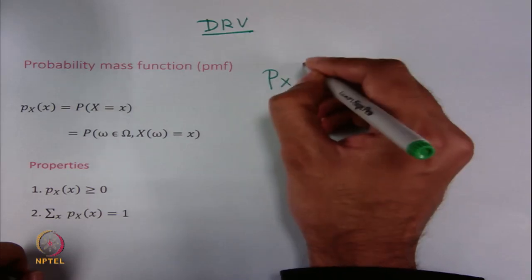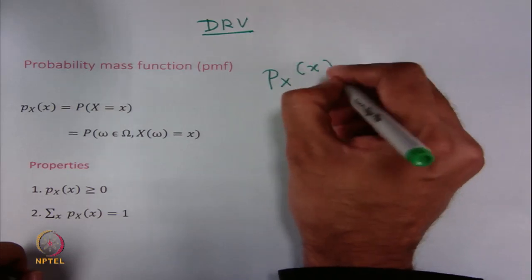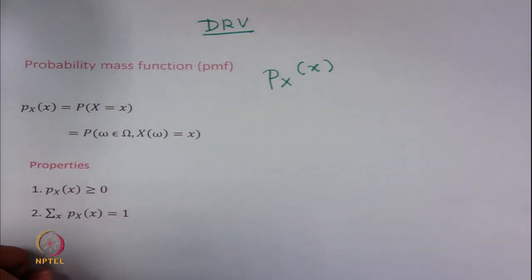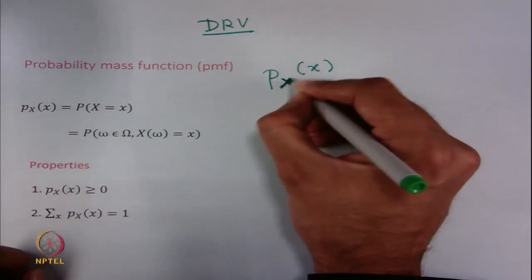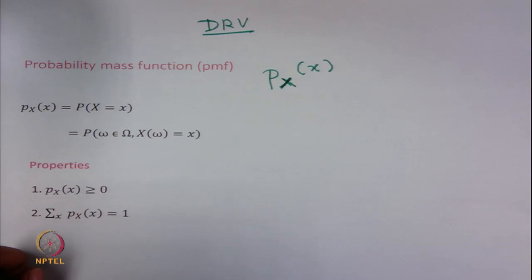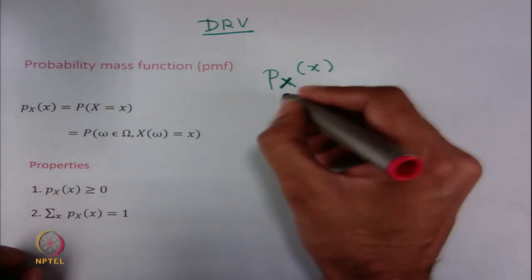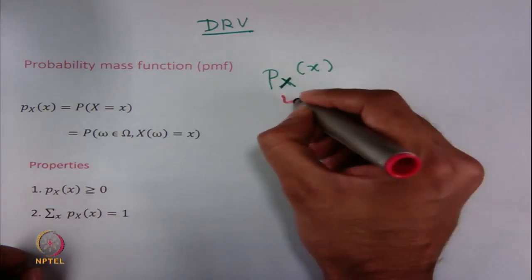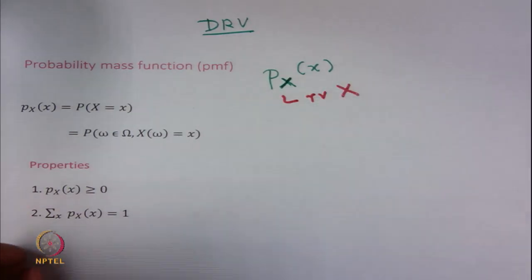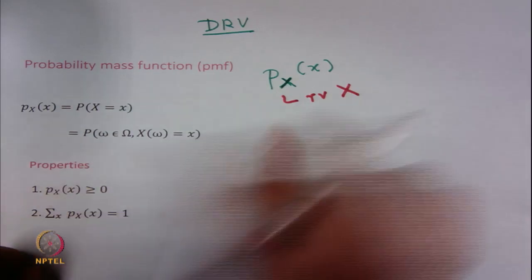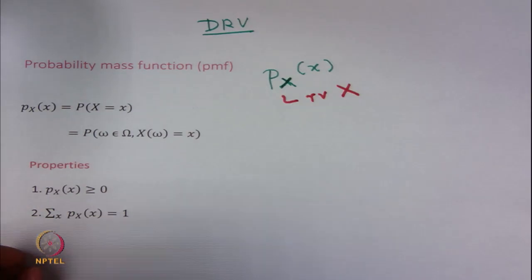First, let me introduce the notation that I have used for the probability mass function. You see that there are two Xs in this probability mass function. One X is a capital letter X, and this denotes the random variable X. This notation is really important, and it is very important that you sort this notation clearly in your head, because this might confuse you.